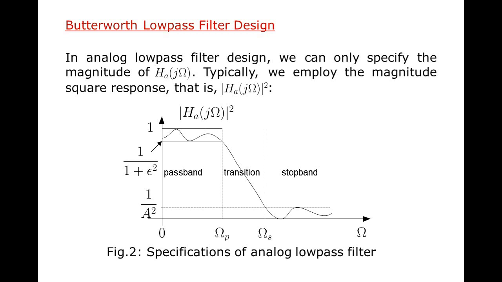At 0.707, or at minus 3 dB, the amplitude is 1 upon the square root of 1 plus epsilon squared. Then in the stop band the magnitude is 1 upon A. A practical filter has three bands: pass band, stop band and transition band. The transition band is the gap between the pass band and the stop band.